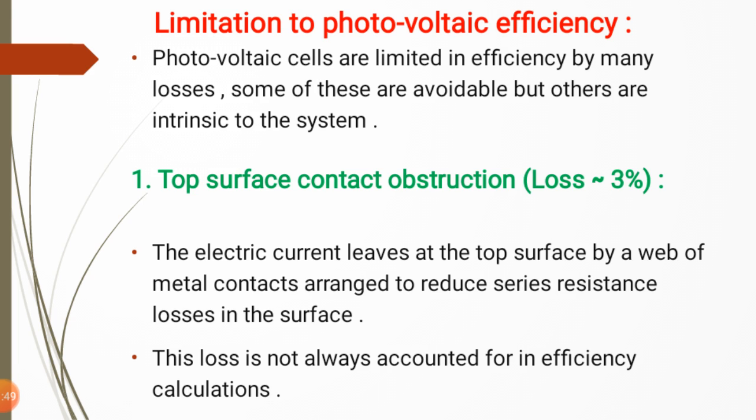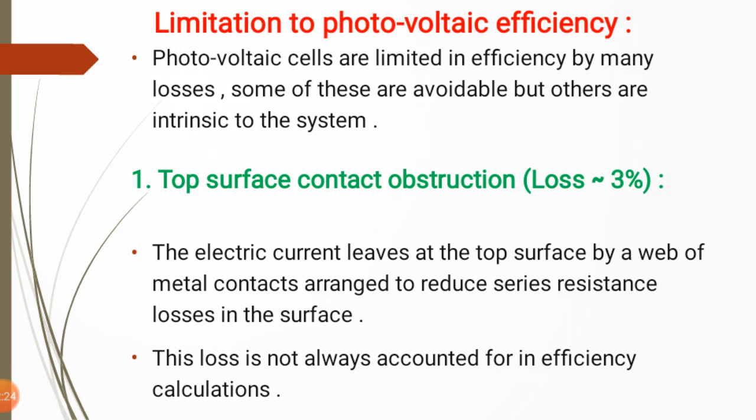Photovoltaic cells are limited in efficiency by many losses. Some of these are avoidable, but others are intrinsic to the system. That means some losses we can avoid with the different arrangements which are available, but some are intrinsic, that means they cannot be avoided with the help of any different parameters or any device or any requirement to the system.